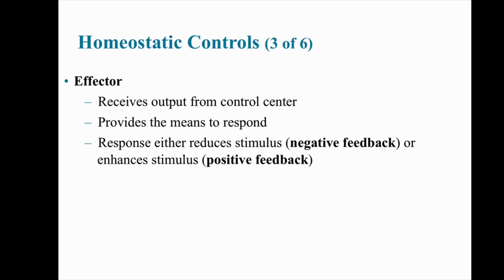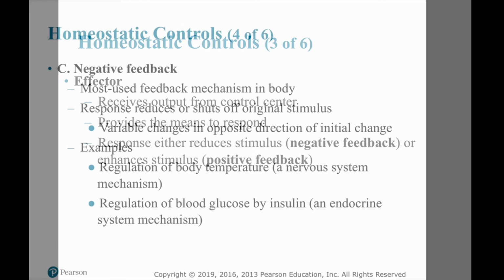And the third component is the effector, which receives the output from the control center and provides the means to respond. And the response can either reduce the stimulus, as seen in a negative feedback mechanism, or enhance the stimulus, as seen in a positive feedback mechanism.